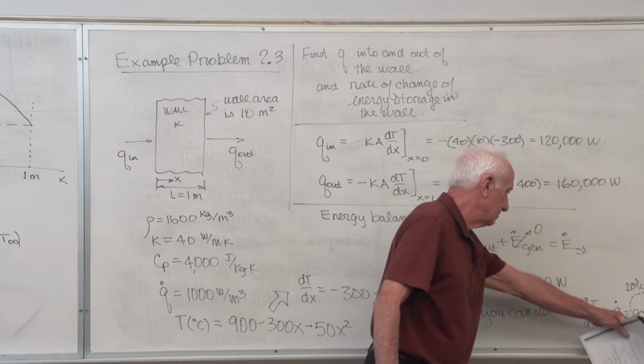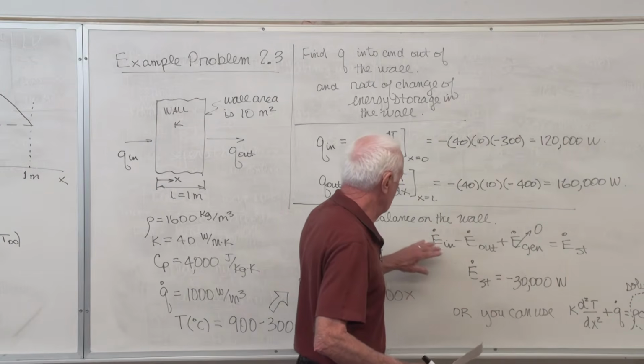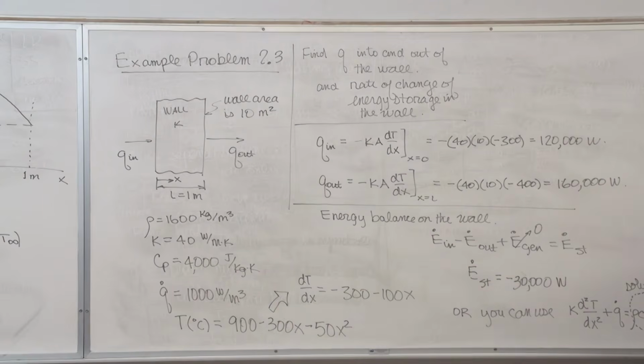Okay, that guy's in watts. That guy's in watts. You get the same answer. So your choice, you can go back and use the energy balance on the wall to get the answer, or you can go to that equation right there. By the way, let me mention what this equation means in words. This term is the net heat conduction in the x direction, the net heat conduction in the y direction, plus the energy generated inside the control volume is equal to the net rate of change of energy storage in the control volume. That's what it means in words.